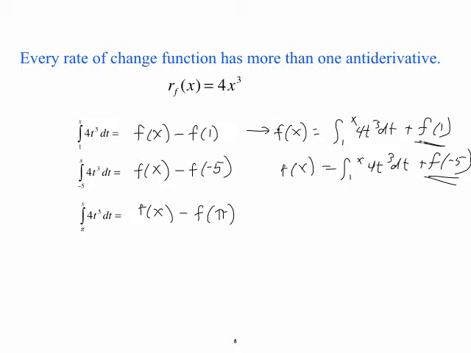So really, I shouldn't call both of these f, because these are actually different functions. Question? Oh, I solved for f of x. So I added f of 1 to this side, and then I just swapped the order in which I wrote them.